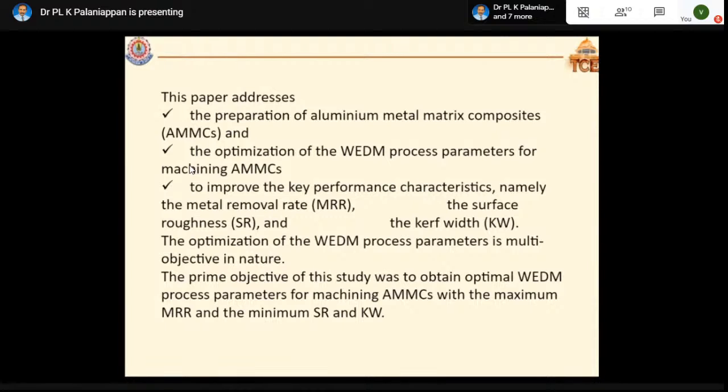So you can see one of the performance characteristics is on maximization and the other two are minimization. So it has got multiple objectives. The prime objective of this study is to obtain optimal wire EDM parameters for machining aluminum metal matrix composites with maximum metal removal rate and minimum surface roughness and kerf width.